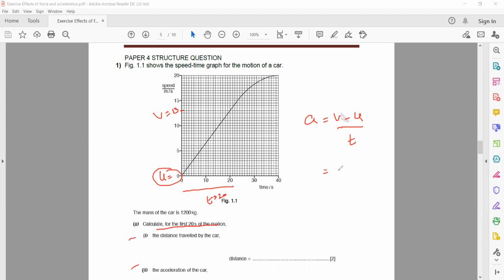So acceleration will be 13 minus 0 divided by 20, so it will be 13 by 20. What's the answer when 13 is divided by 20? It is 0.65 meter per second square. Because it is acceleration, it is meter per second square. If it was a speed, then it is meter per second. Is it clear, the first two parts?